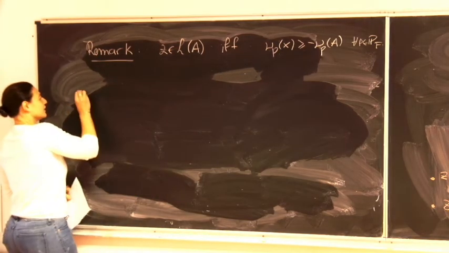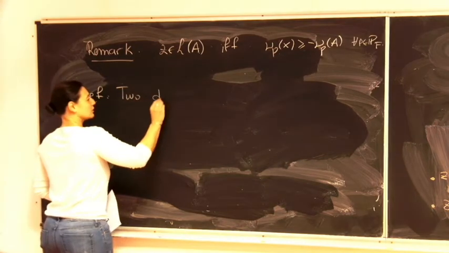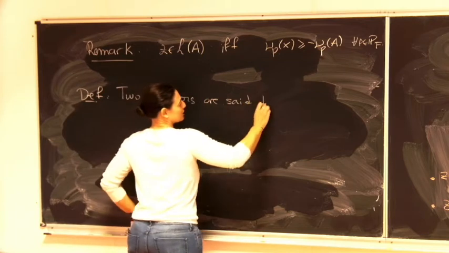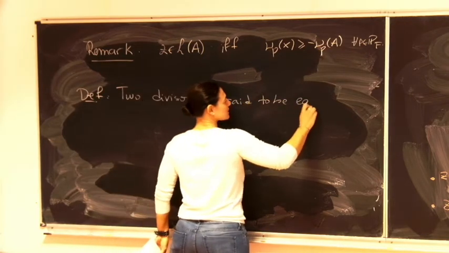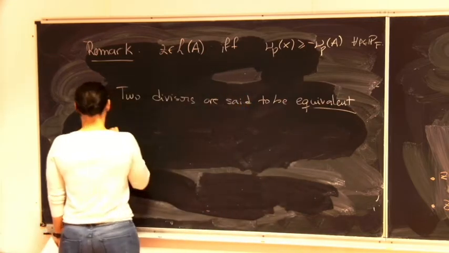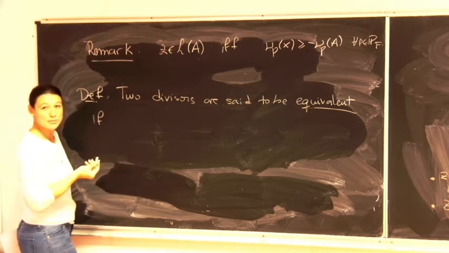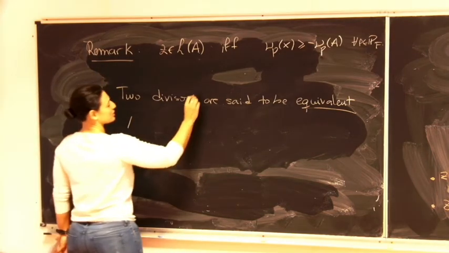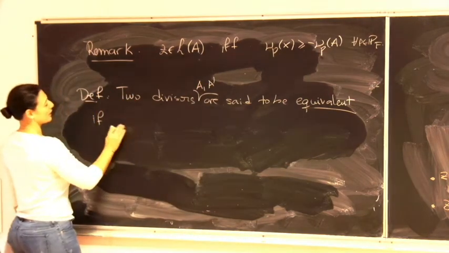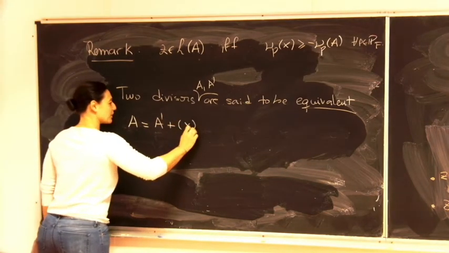And we said that this is a definition. Two divisors, let's put A and A prime, are said to be equivalent if the difference between the two of them is a principal divisor. That is, one of them is the other plus a principal divisor.